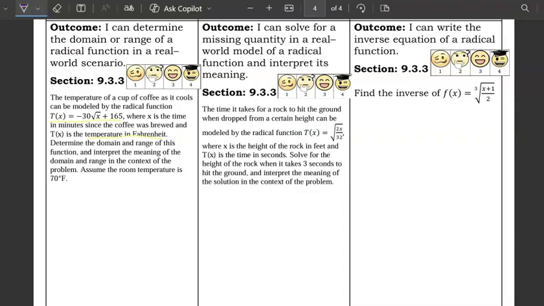All right, so let's sketch a graph of this first. The x values are the minutes, and the y values are the temperature in Fahrenheit. So your h is 0, your k is 165.